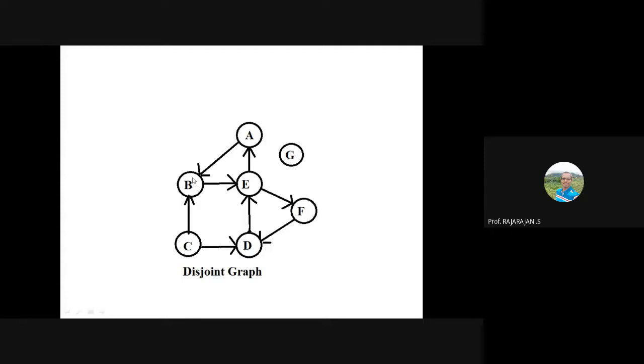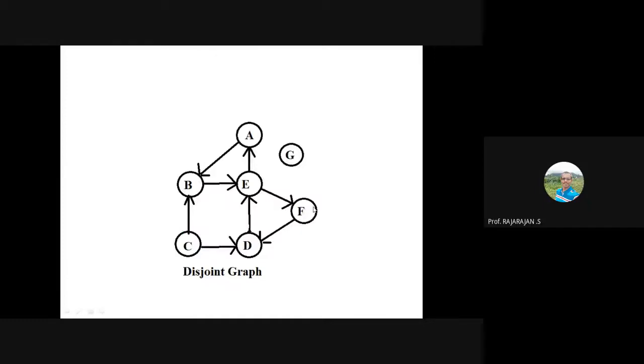But if you relax that rule, then it becomes a graph. So a graph is basically a tree that doesn't follow the rule that a node can have at most one parent, or in other words, at most one in degree. In degree of only one is possible in a tree, but that is not restricted in a graph.